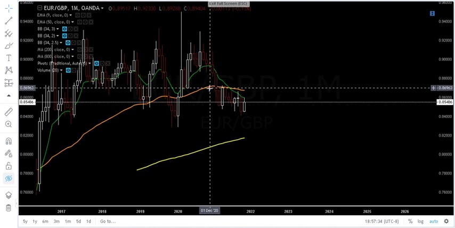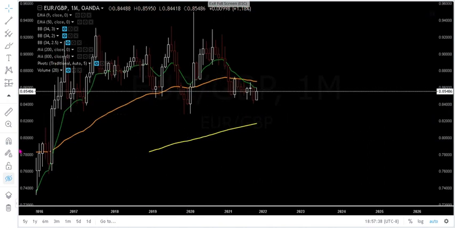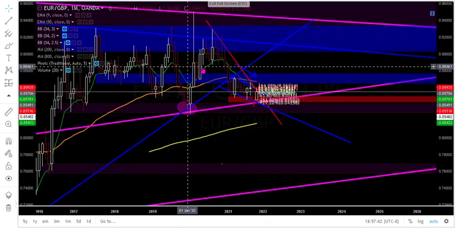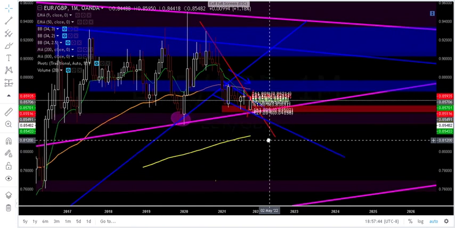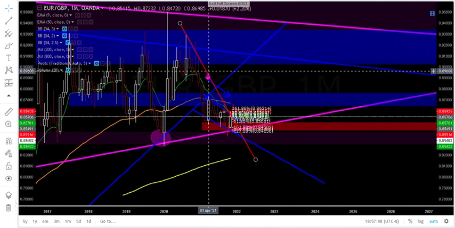I probably need to stop using these moving averages, but based on my trend line, I need to draw a trend line above. Okay, I already have a trend line drawn, but I have it the wrong color.